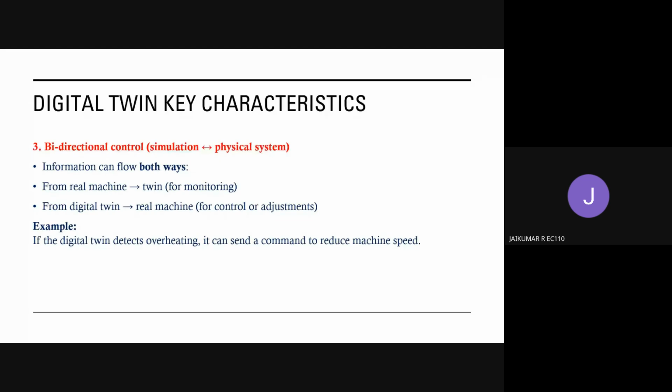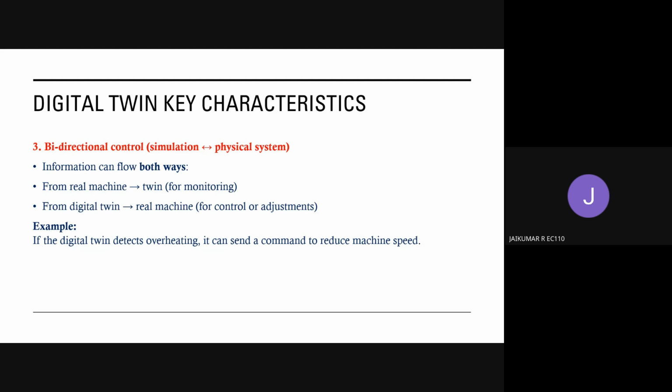and that is for monitoring purposes. After monitoring, the twin, as I told you, has a semi AI model. That AI model gets the data from the real machine, processes the data, and takes some decision based on our user application, and based on the decision, it will again flow the data to the real machine.